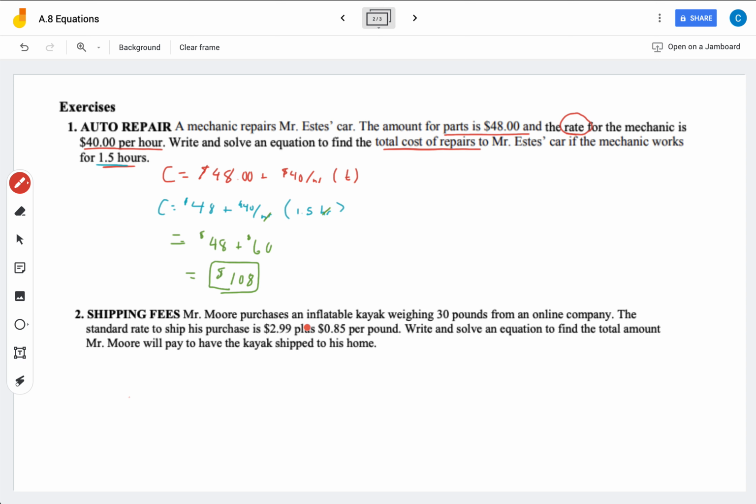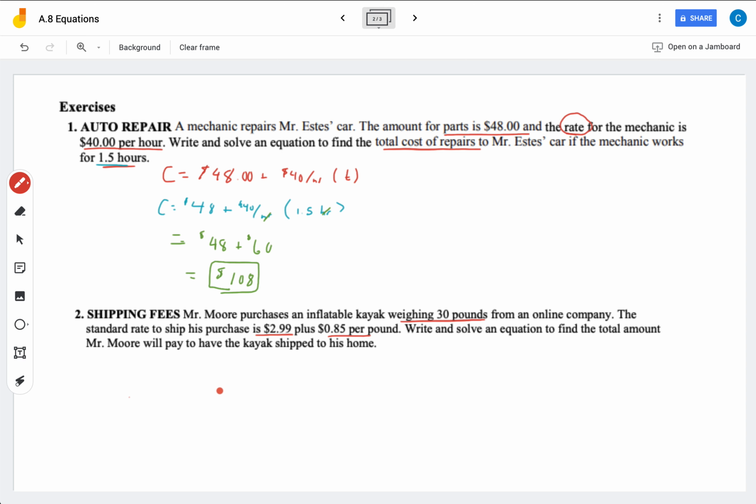Mr. Moore purchases an inflatable kayak weighing 30 pounds from an online company. The standard rate to ship his purchase is $2.99 plus 85 cents per pound. Write and solve an equation to find the total amount Mr. Moore will pay to have the kayak shipped to his home.